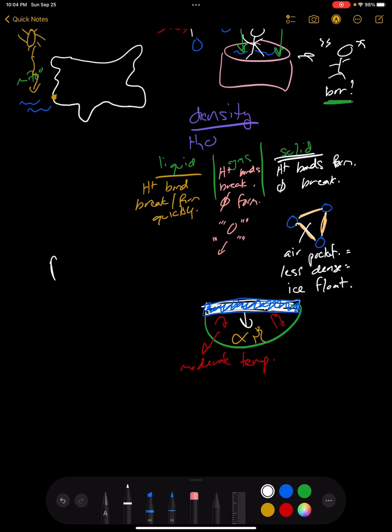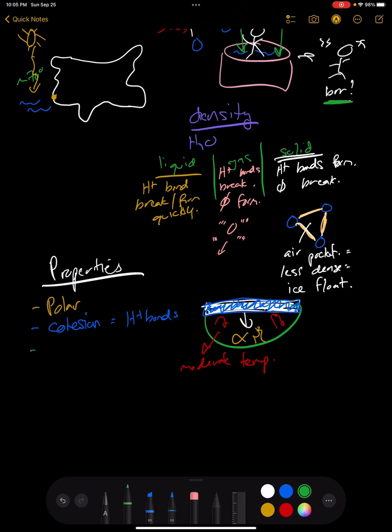And so if we go back through all the properties of water, okay, so properties of water. First one, the fact that it's polar. The next one is cohesion, okay? And cohesion is due to the hydrogen bonds.